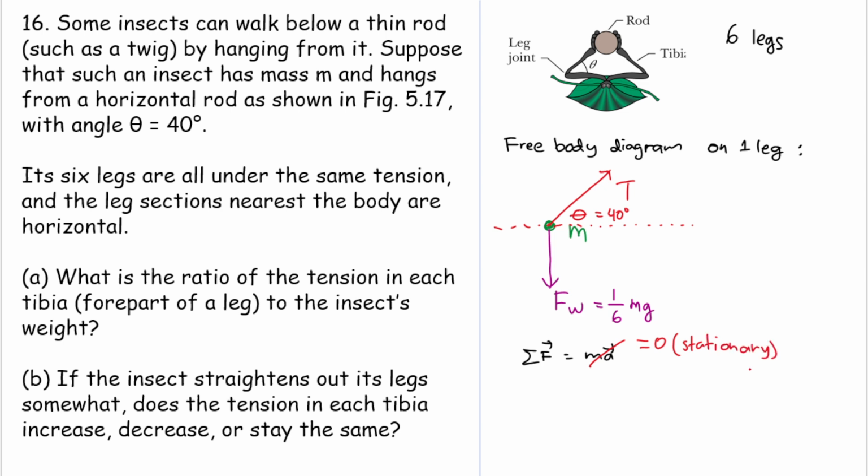Okay, and then let's see on the y direction. I will need to project this T to the vertical axis. And how to do that? Let's see here. We need to project this into this one here.